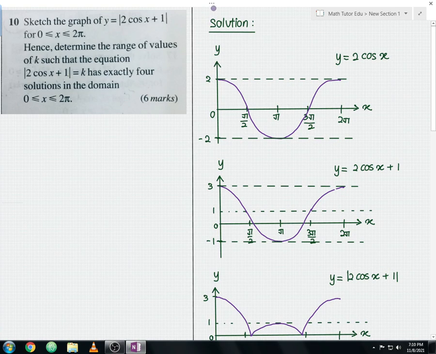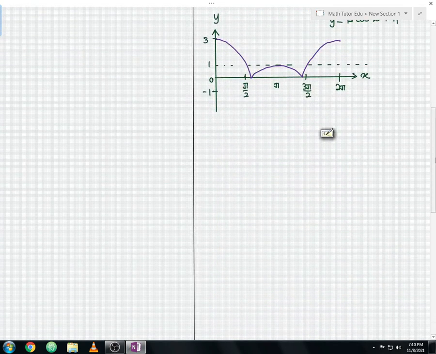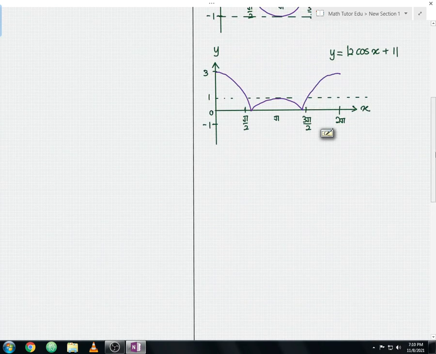From here we're going to write down the equation given by the question in our working: modulus 2 cos x plus 1 equals k. Since in our sketch we mentioned that y equals modulus 2 cos x plus 1, we can also let modulus 2 cos x plus 1 equal y.